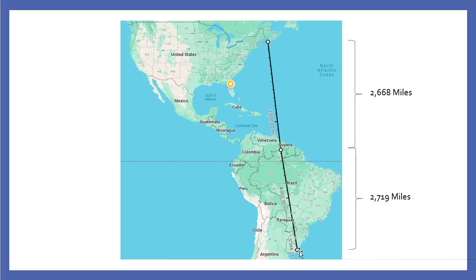So the longest distance you can go in a linear fashion in Brazil is 2,719 miles. That means the top of Brazil to the bottom of Brazil is farther than the top of Brazil is to Canada. There's a little bitty south side of Nova Scotia, Canada, that is closer to the top of Brazil than the top point of Brazil is to the bottom of Brazil.